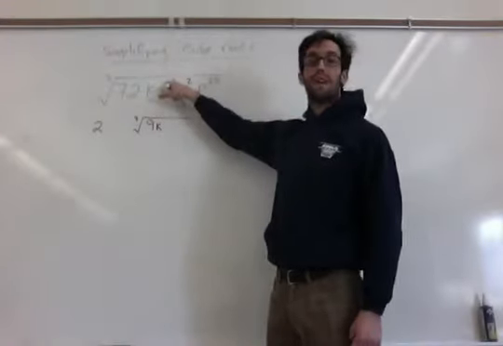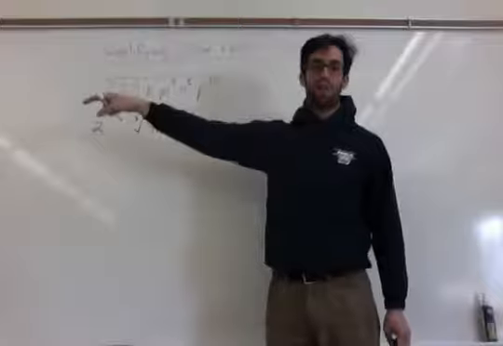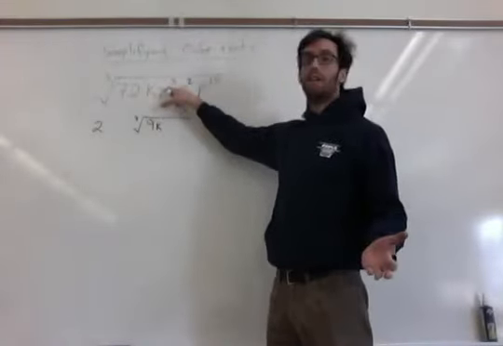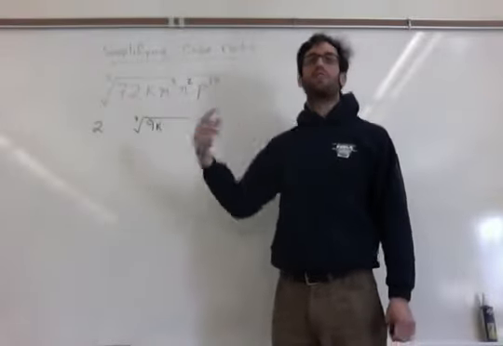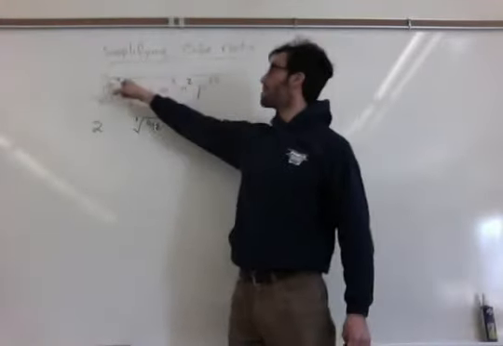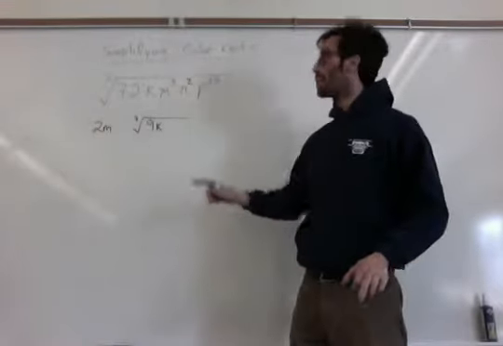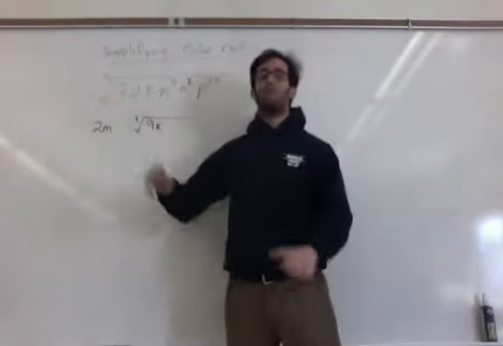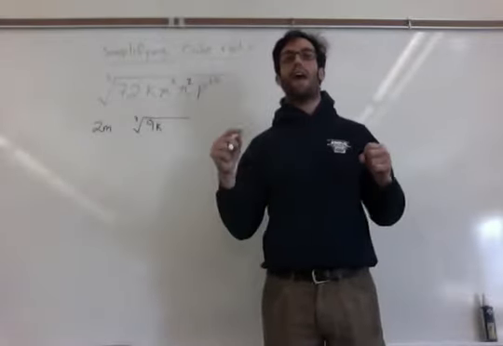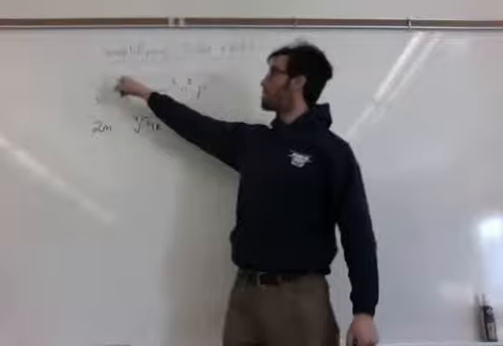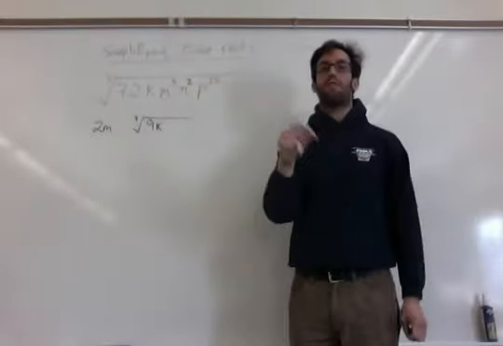So if it were m to the 6th, you would have m squared outside. If it was m to the 33rd, you'd have m to the 11th outside, and so on and so forth. You just divide this number by this one to find out the exponent on that variable in the outside. Okay? It is a multiple of this, so that means you will not have any m's underneath the radical. If this number is not a multiple of this, then you will have some m's underneath the radical.